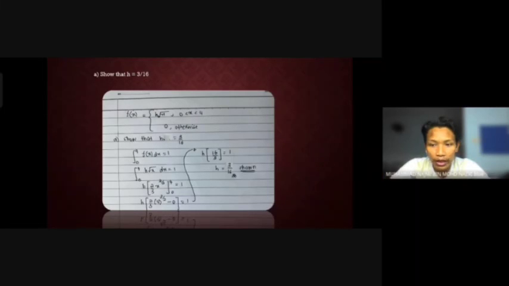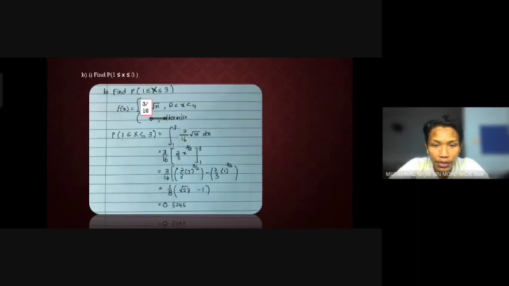Let's look at our next question, B first Roman. The question wants us to find the probability that x is greater than or equal to 1 and less than or equal to 3.